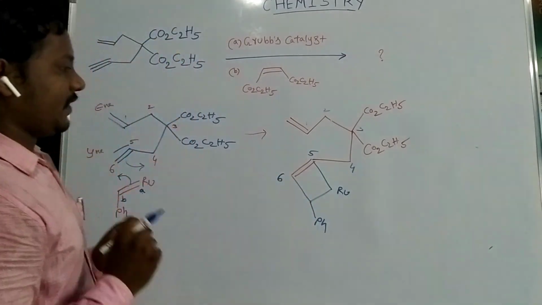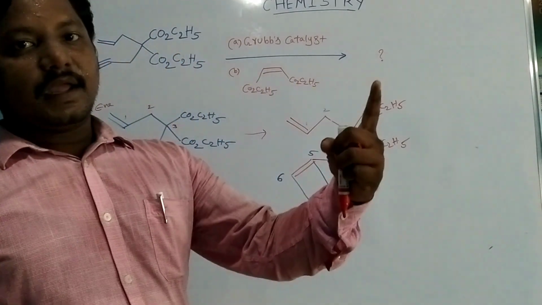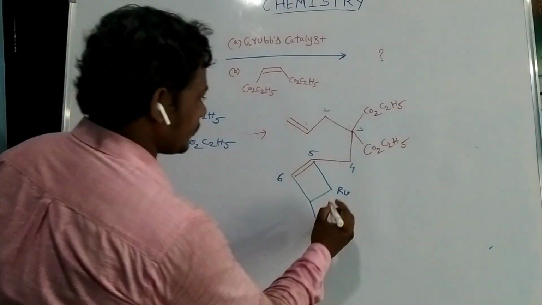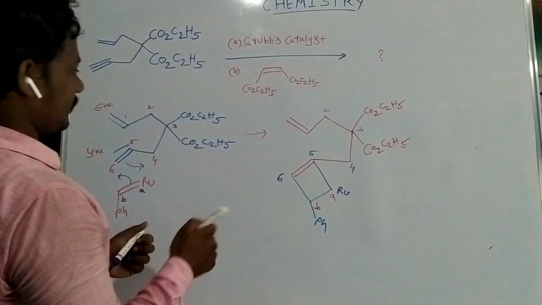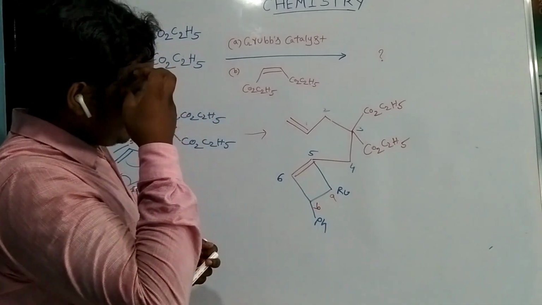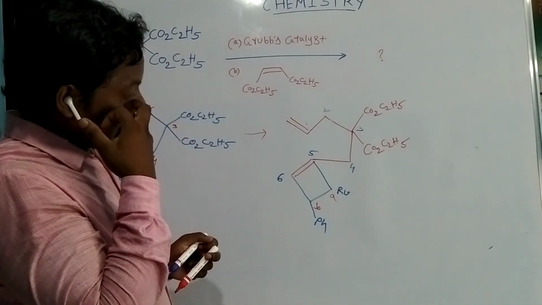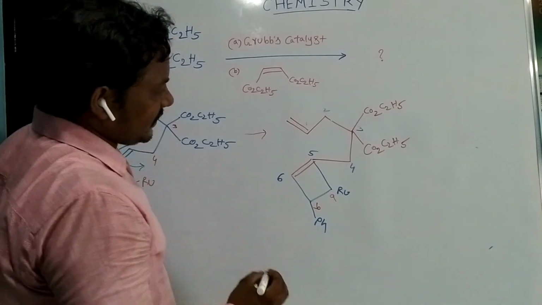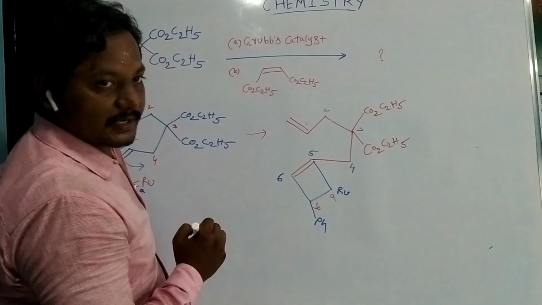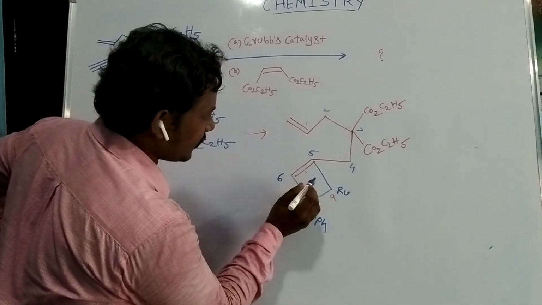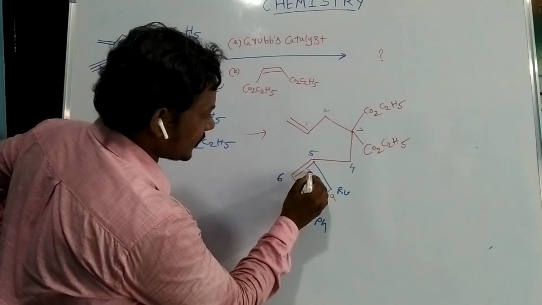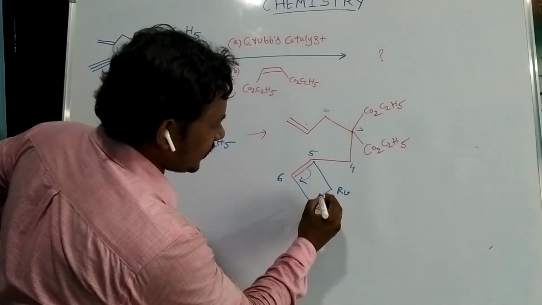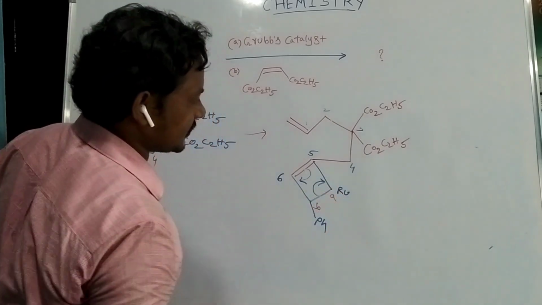Okay, fine. Now again bond breaking. Here also, I am giving numbering A and B. Here again, the bond is breaking in between 5 and C, meaning this extra double bond, this bond is migrating to here. Here also a bond is breaking between A and B, and this bond is migrating like this.